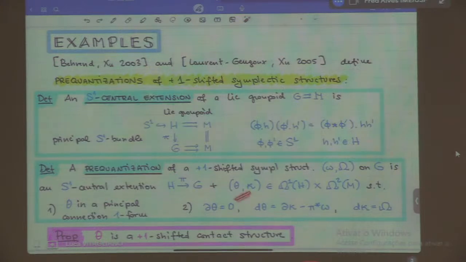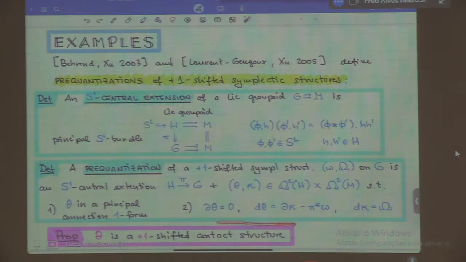It's an S1 central extension H with two more data, namely a 1-form theta on H and a 2-form kappa on the space of arrows with some properties. Theta is actually a principal connection 1-form, which is multiplicative and whose differential agrees with the pullback of omega up to a homotopy, which is encoded by kappa, and then there is a higher coherence condition for kappa: the differential must agree with the middle term.